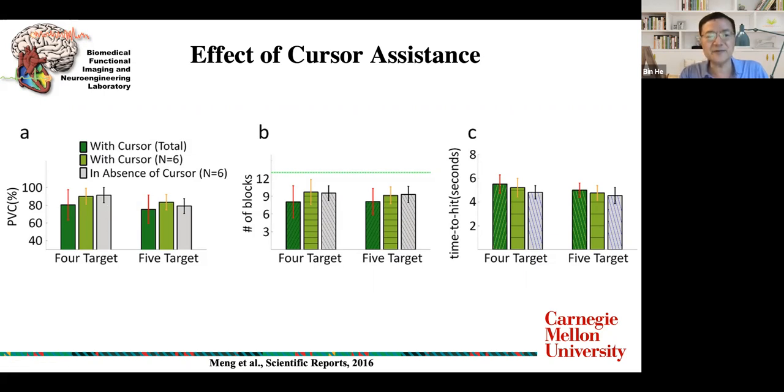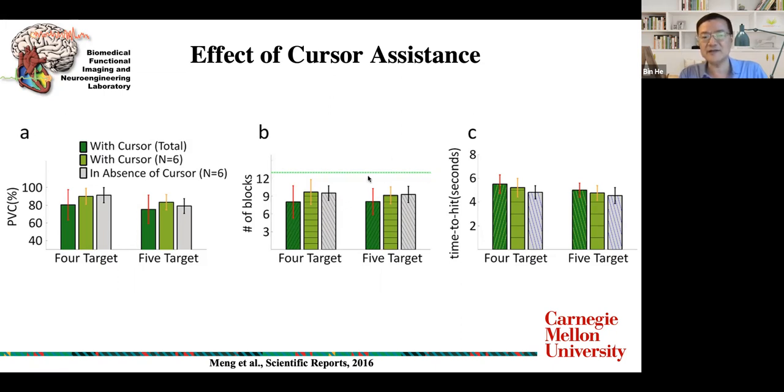And you can see the PVC, or the accuracy metric, for the 4 target actually is not decreased if you take away the visual aid. And for 5 target, there's a slight decrease in performance if you take away the visual aid. Now in terms of number of blocks within a certain limited time, the green bar shows the maximum a subject can accomplish.